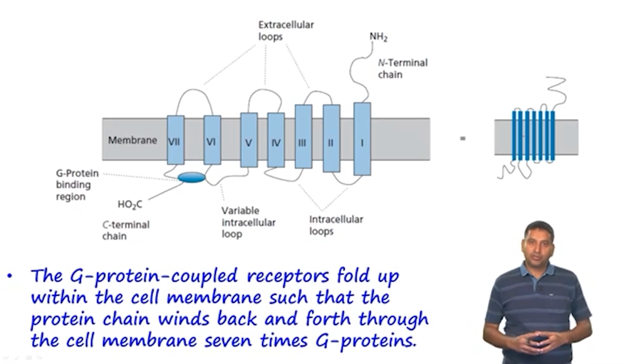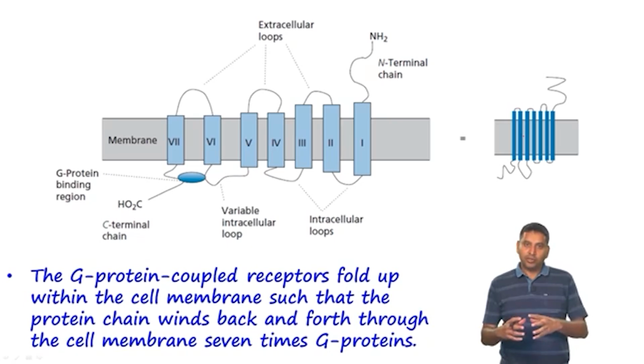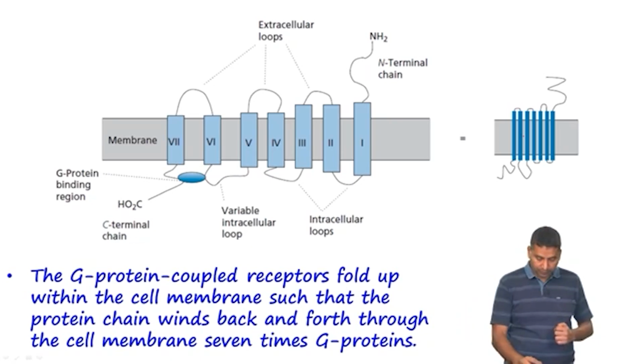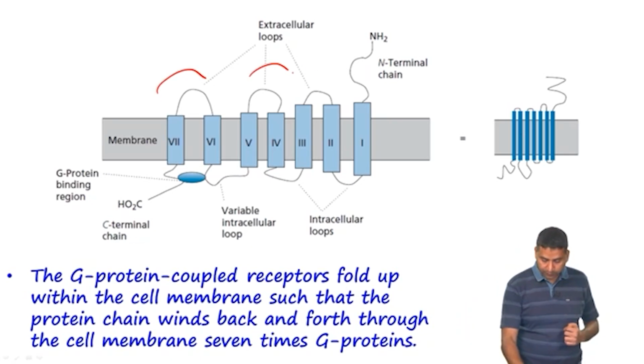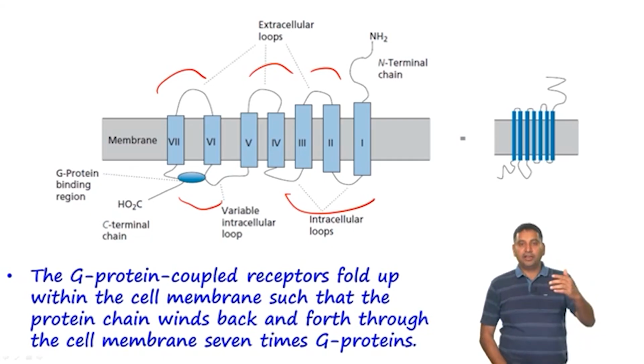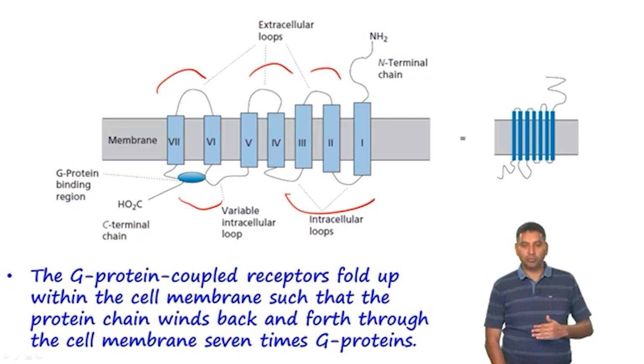Let us now look at the structure of these G proteins. The G protein receptors fold up within the cell membrane such that the protein chain winds back and forth through the cell membrane 7 times, as shown here. Similar to the ion channel receptors, there are extracellular domains and intracellular domains.